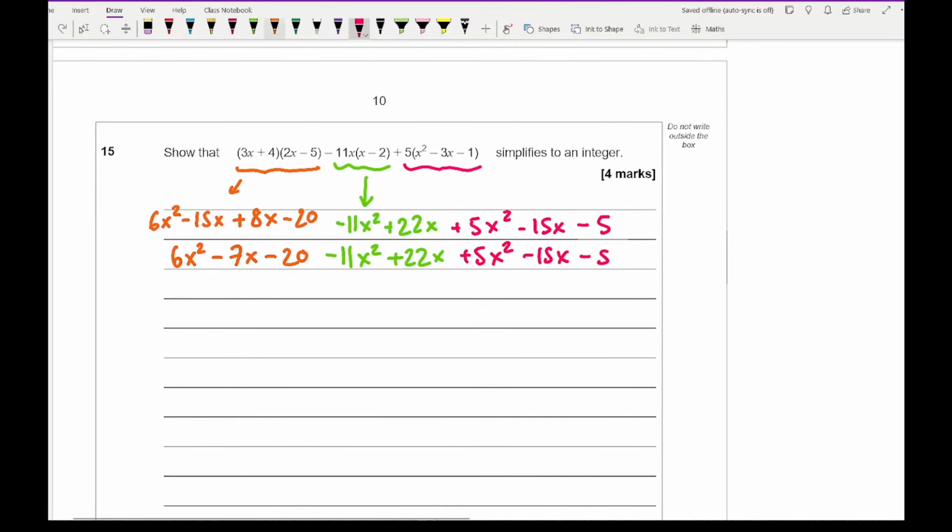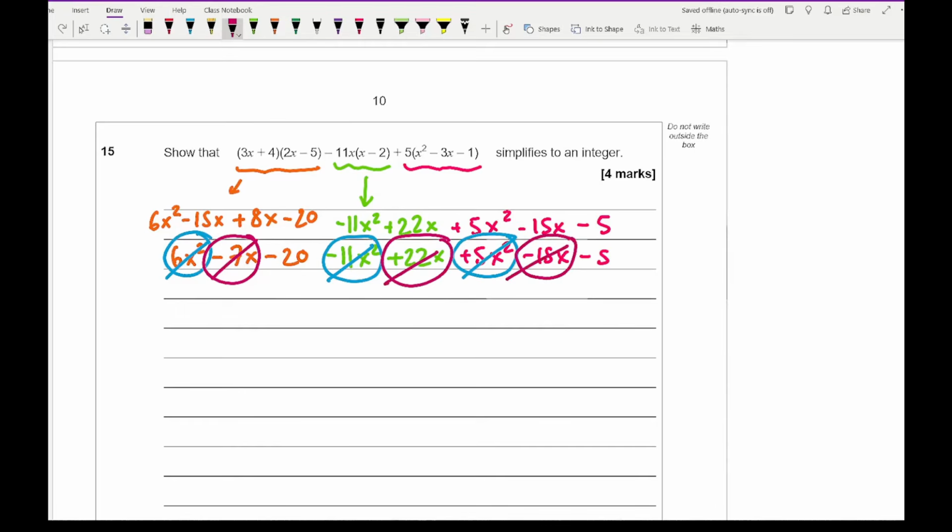So then let's have a look at the x squareds. Well, I've got 6x squared minus 11x squared plus 5x squared, so they cancel out. I then have, looking at the x's, minus 7 plus 22 minus 15, so they cancel out.